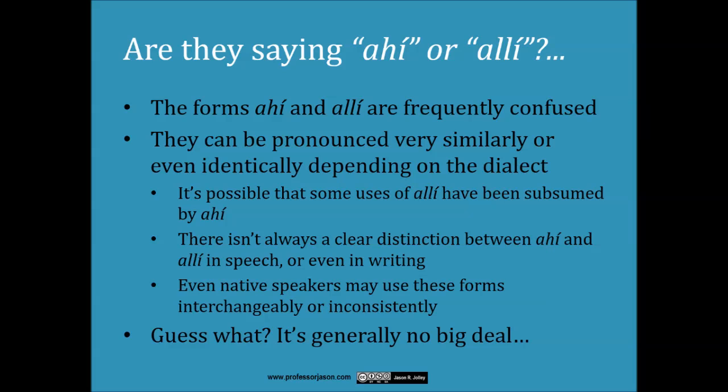So there's 2 or 3 results that flow from this. It's possible that some uses of allí have been subsumed by ahí. And there are also, as a result of this lack of distinction in pronunciation in some dialects, not always a clear distinction between ahí and allí in speech, and even in writing.